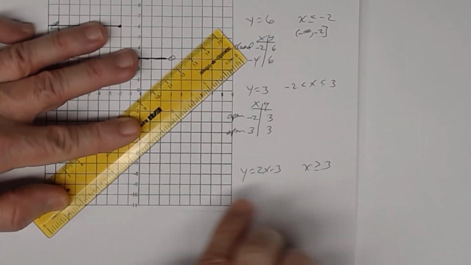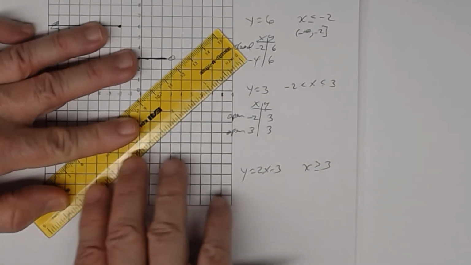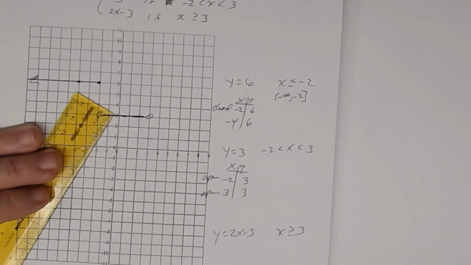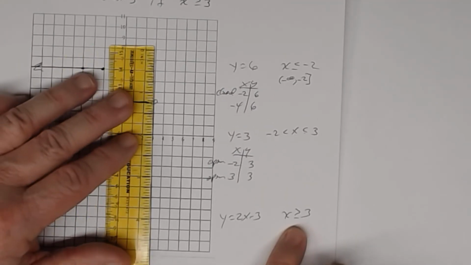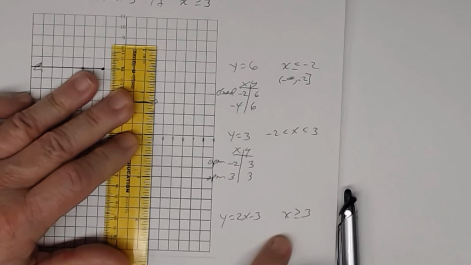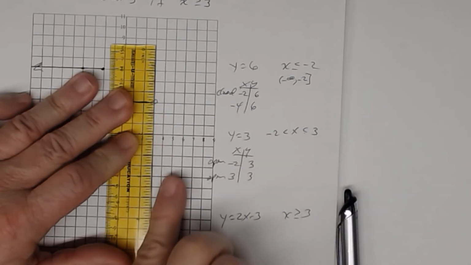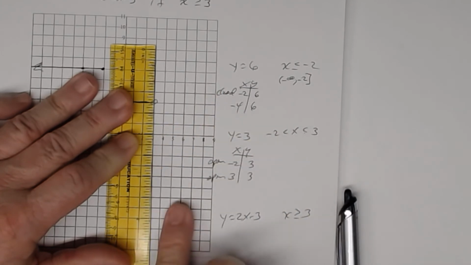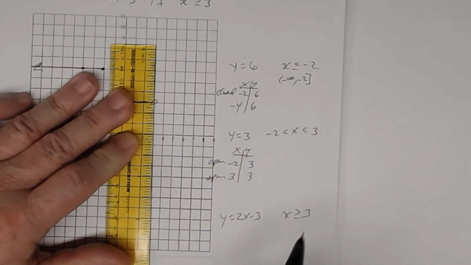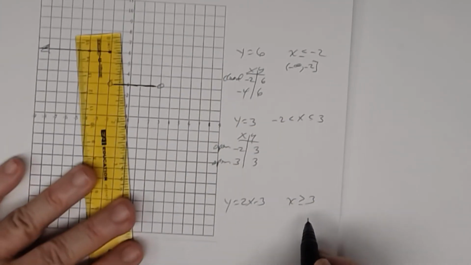But I have a restriction, so I'm only using part of that line, okay? And the part of the line I'm using is the part in which x is greater than or equal to 3. So when I graph this piece, it's only going to exist in this region right here. So if x is greater than or equal to 3, I have to use this number 3.